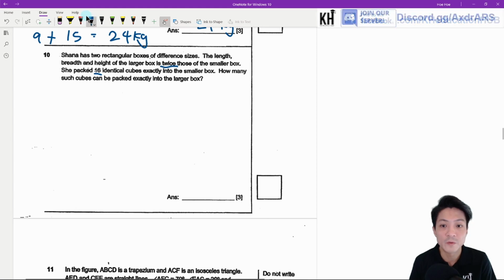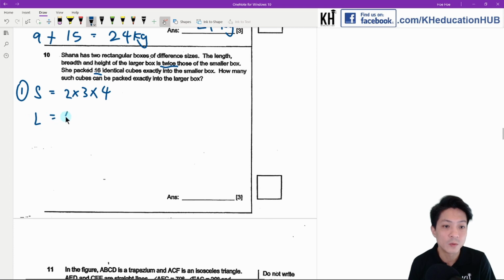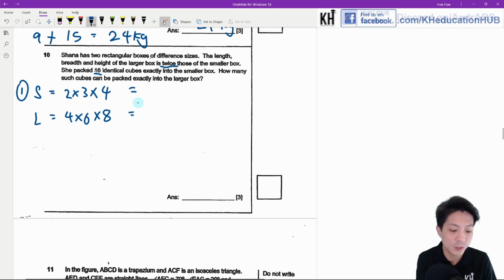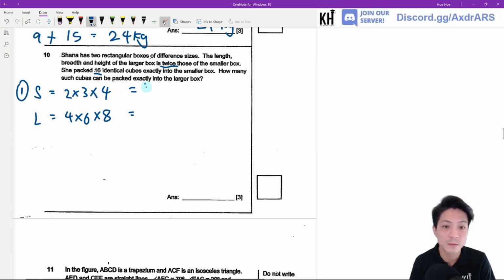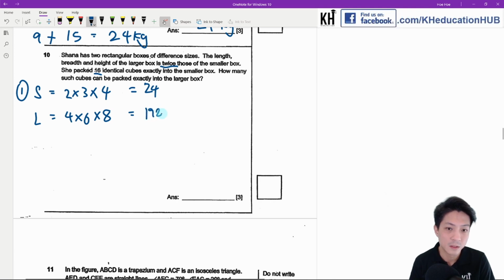Let me just show you a few variations. Number 1, let's say the small is equal to 2 times 3 times 4, the large will be equal to 4 times 6 times 8, twice. Let's find out the volume. 2 times 3 times 4 is 24. 4 times 6 times 8 is 192.